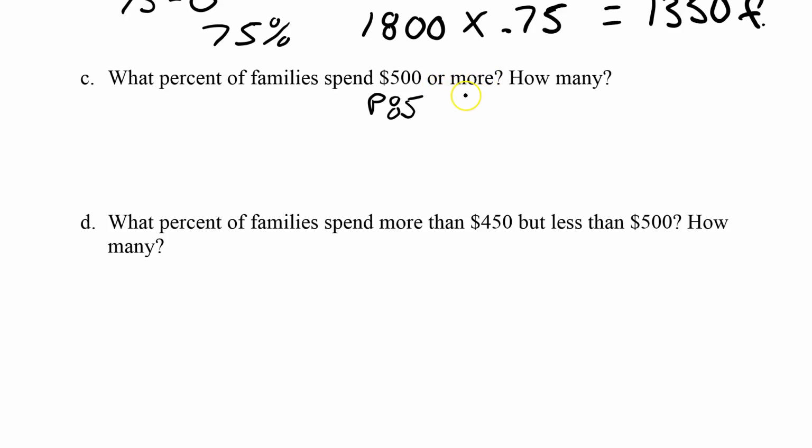More means the maximum amount of money you can spend, all the way up. So if I'm spending the most out of all the families, I'm going to be at p100. I'm spending the most, so my percentile rank will be the most. So what's in between 85 and 100? We take our larger p-value, we subtract the smaller one. 100 minus 85 is 15%.